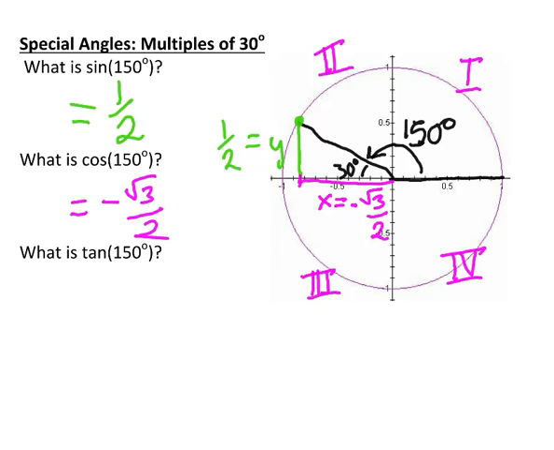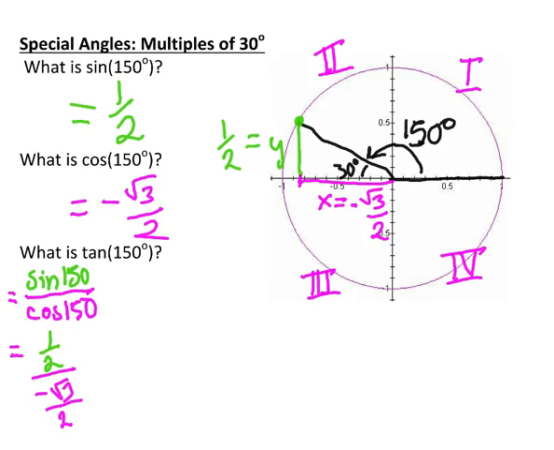And then to calculate tan, what we have to do is sine divided by cos. So I have to do sine of 150 divided by cos of 150. The sine of 150 is the half. Cos of 150 is the negative root 3 over 2. So once again, I want to flip that fraction and multiply.